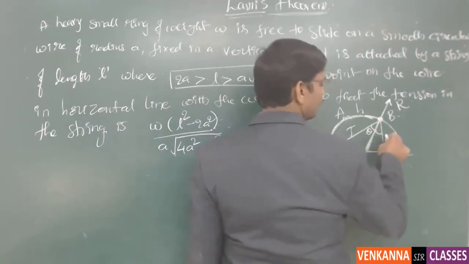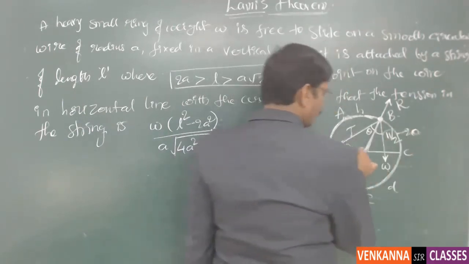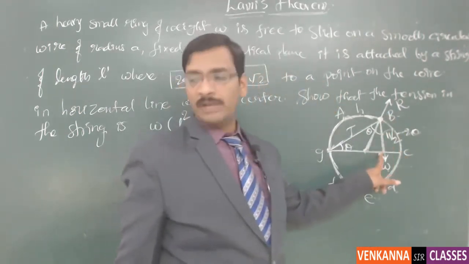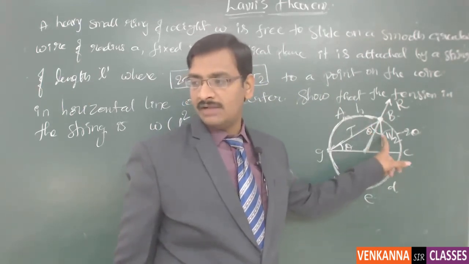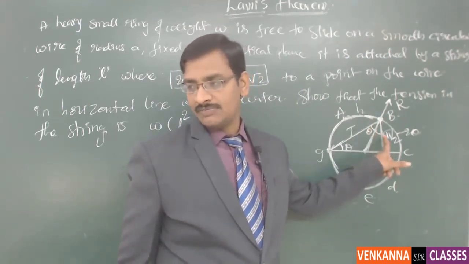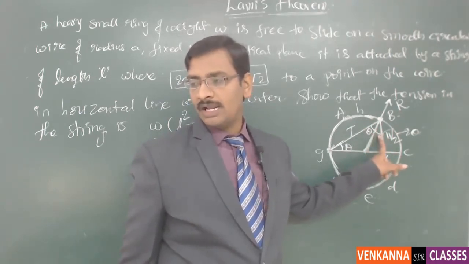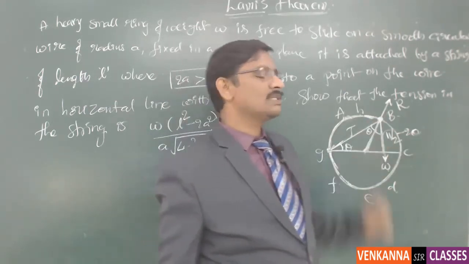So this angle is pi by 2 minus 2 theta. Why? Because this is a right angle triangle. If this is a right angle triangle, this angle will be 90 degrees and this angle is theta. Obviously this entire angle will be 90 minus theta. But if you subtract one more theta, it will be left with pi by 2 minus 2 theta.